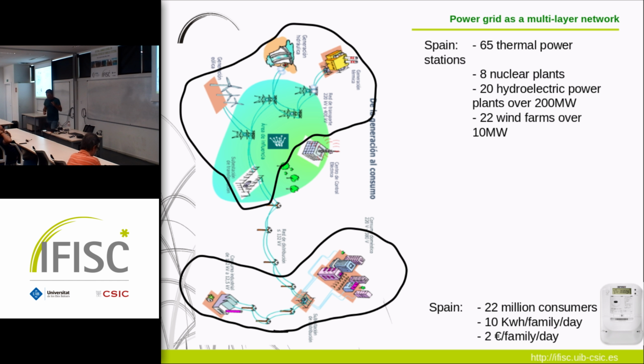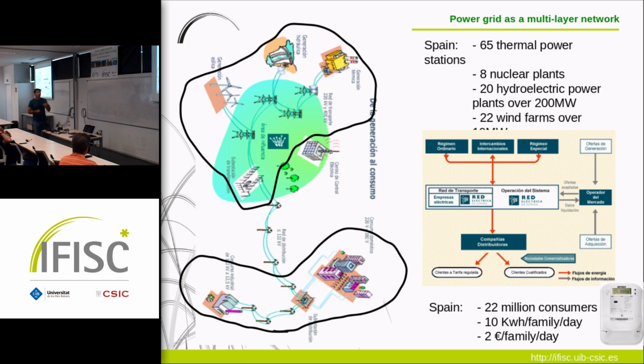Okay, and as a matter of fact, it's more complex than that. I just drew it like that because the power grid is actually a multi-layer network. I already mentioned two: the transmission line and the distribution line. These are two complex networks at different levels. And not only that, you have many other layers.